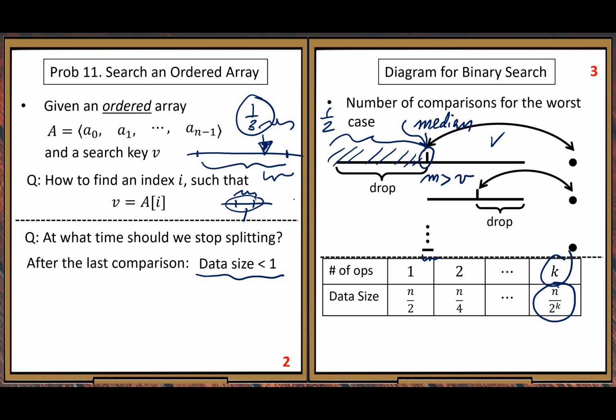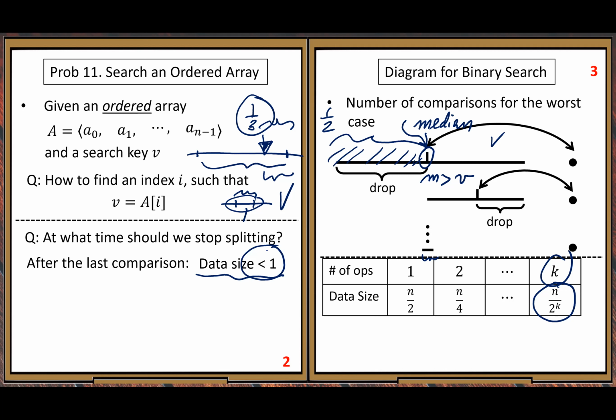Only when the data size is strictly less than 1, we can make sure we only have one element left.